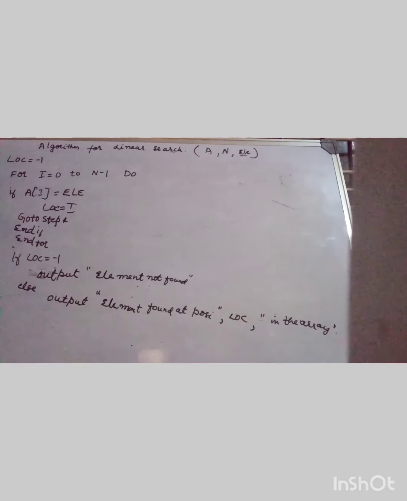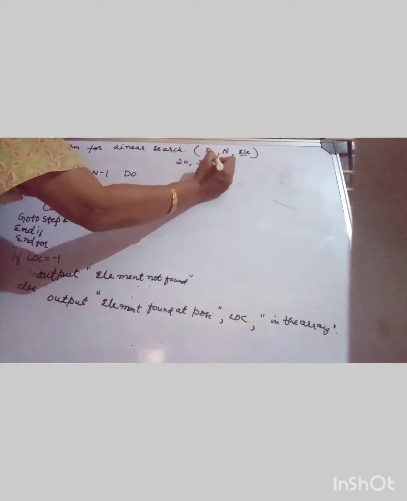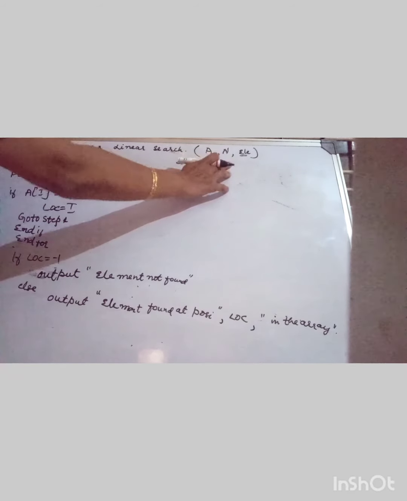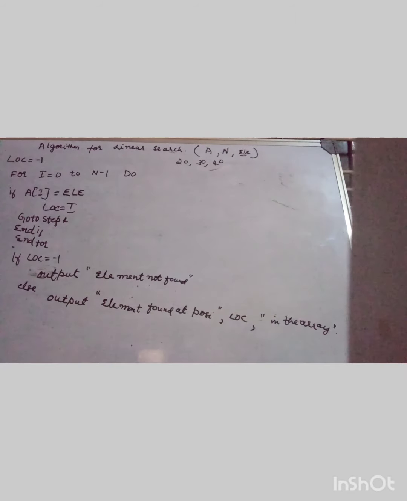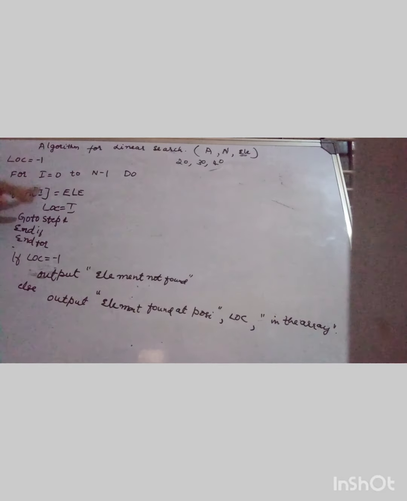First location is equal to -1. For I is equal to 0 to n minus 1 means whatever elements we are having, 20, 30, 40, whichever elements you take, all the elements have to be read. We take each element and match it with the search element.